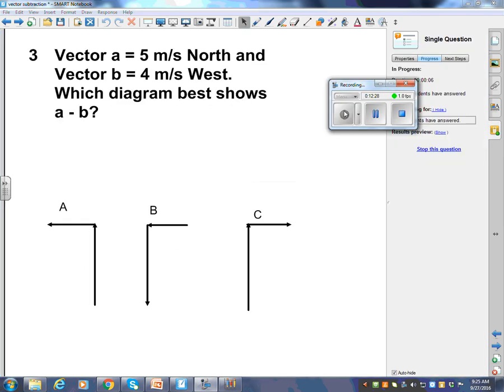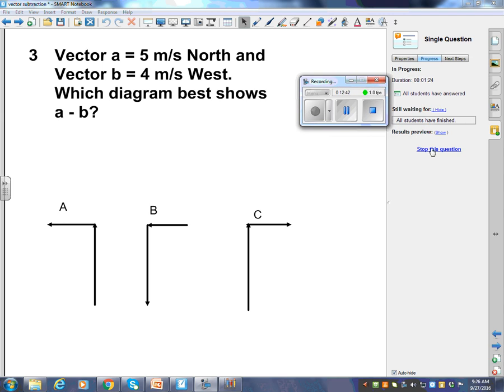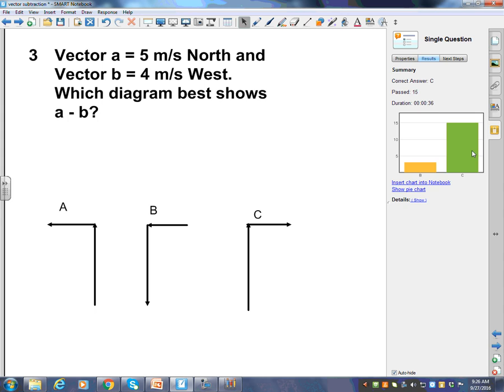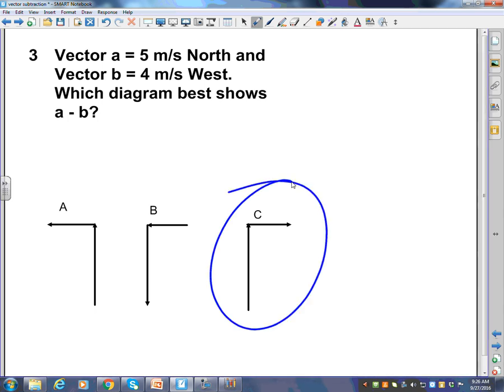So, for those people following at home, vector A is 5 meters per second north and vector B is 4 meters per second west. Which diagram best shows A minus B? Correct answer? C. Why C? 5 meters per second north is A. It's A minus B. Which one are we flipping?